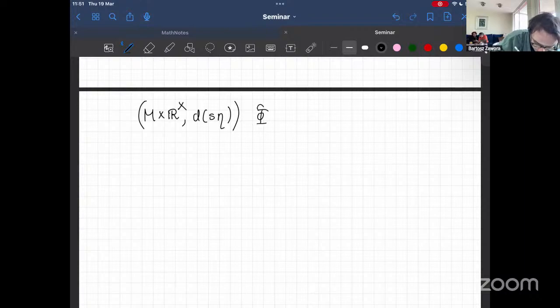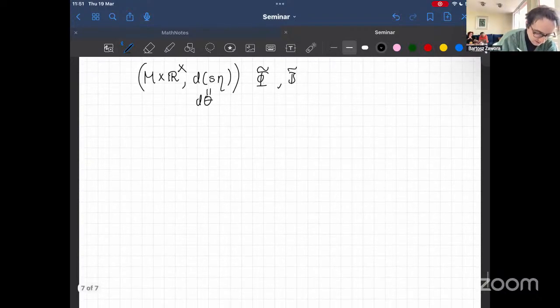We have a Lie group action, a symplectic exact Lie group action, and an exact symplectic momentum map, which I will call d theta. And yeah, okay. So this is our setting.